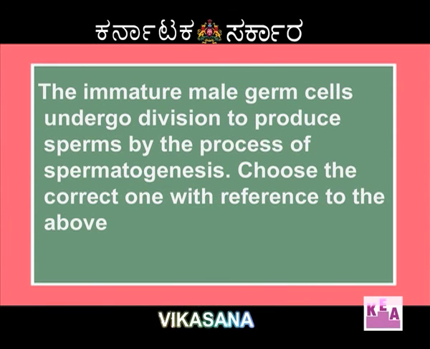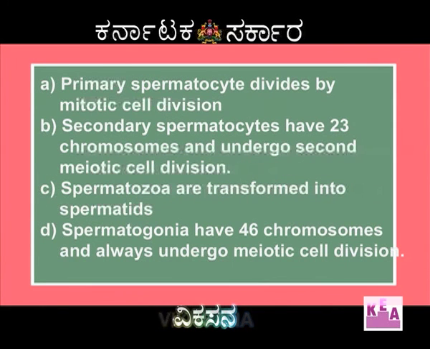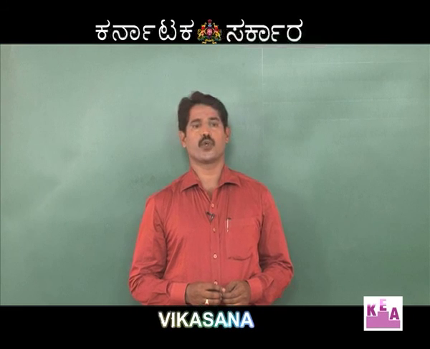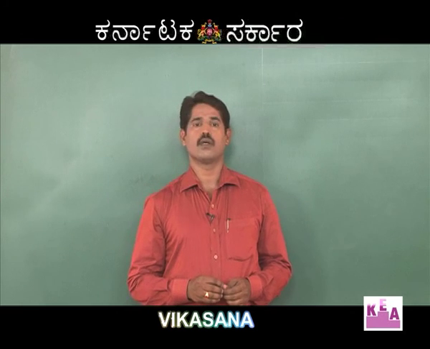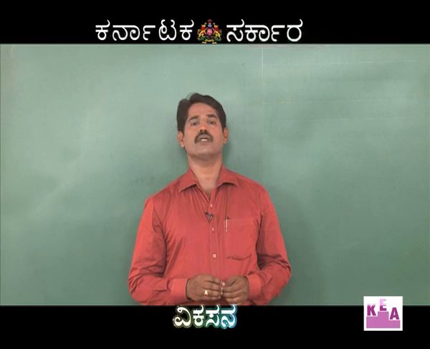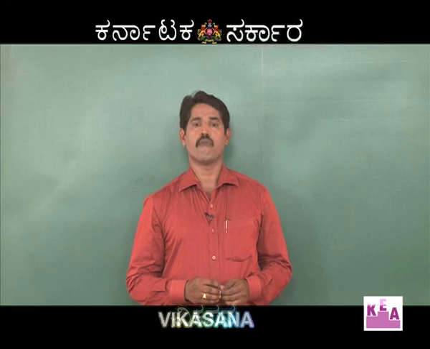The immature male germ cells undergo division to produce sperms by the process of spermatogenesis. Choose the correct one with reference to the above. The first option: the primary spermatocyte divides by mitotic cell division. Dear students, you know that the primary spermatocyte divides not by mitotic but by meiotic cell division.